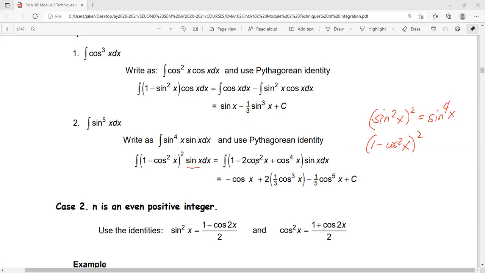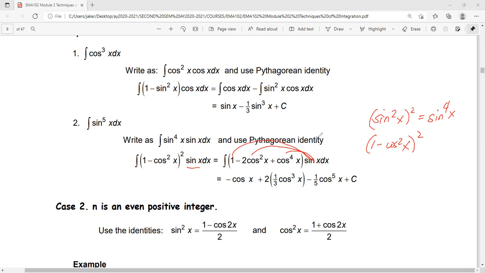So you have 2 cosine squared x plus cosine of x raised to 4. Cosine squared x squared is cosine of x raised to 4. Now, if you will distribute the sine of x here as a multiplier, so that would be like this, and you have like that, and you have this.